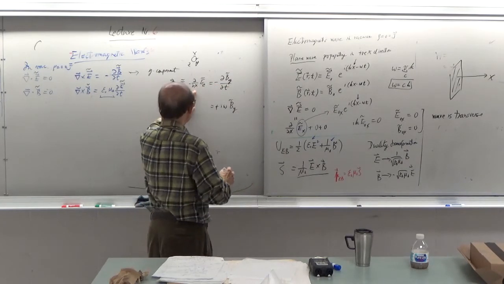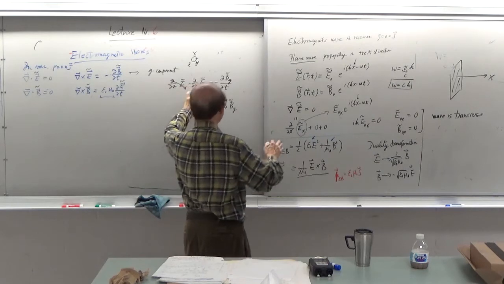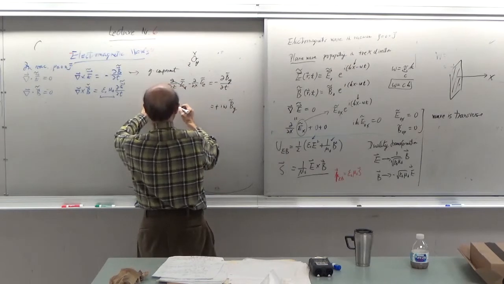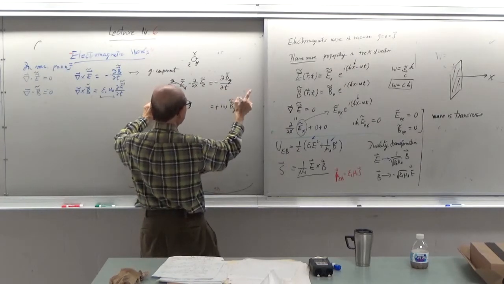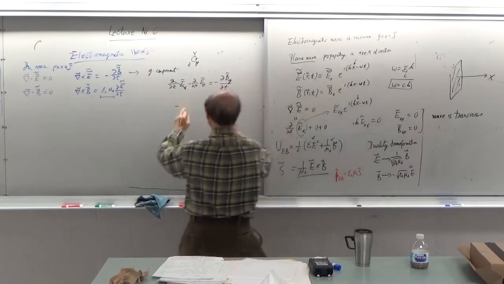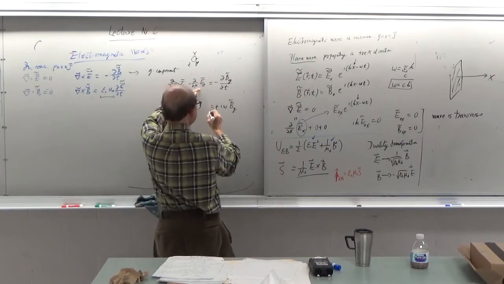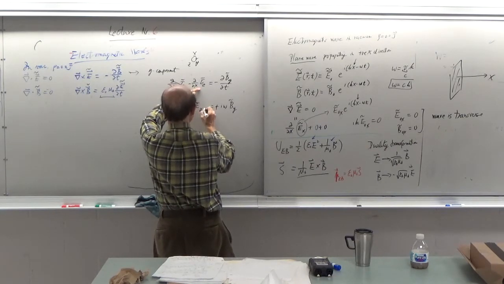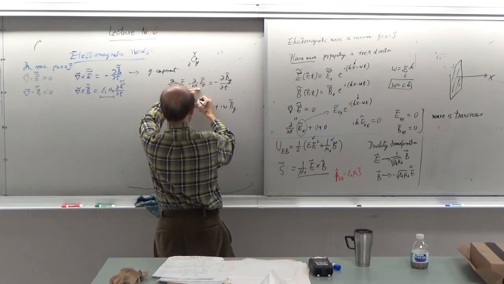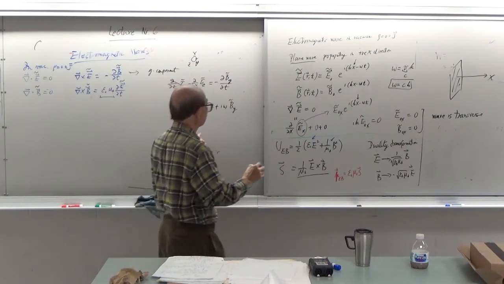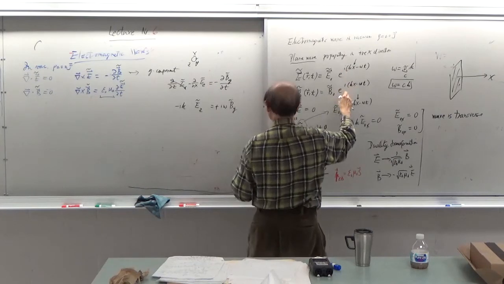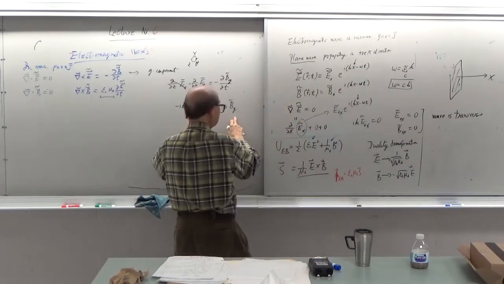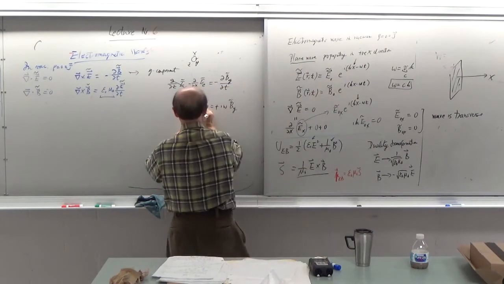And this derivative with respect to x of E will bring down a factor of i k. That's my side, then i k times the z component of the electric field E, which of course contains the exponential function, both of them. So what's left is, in fact, these two functions on the two sides can cancel. They're the same. So I'm left with this.